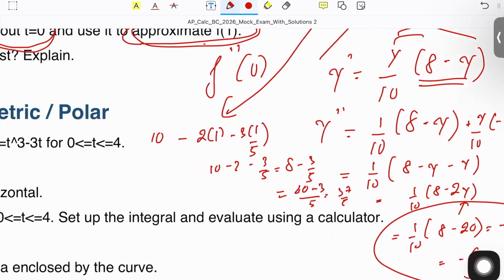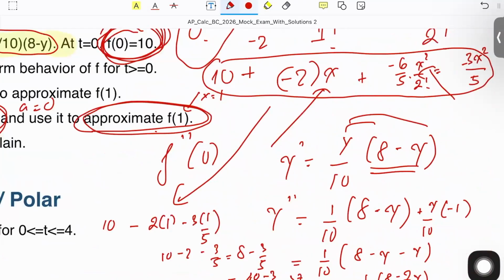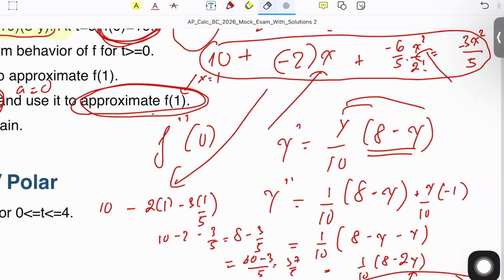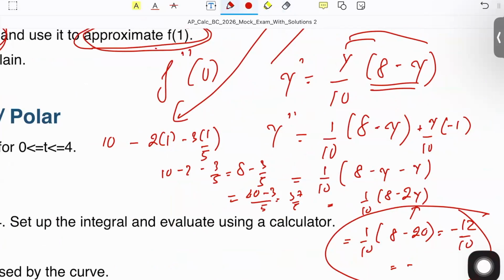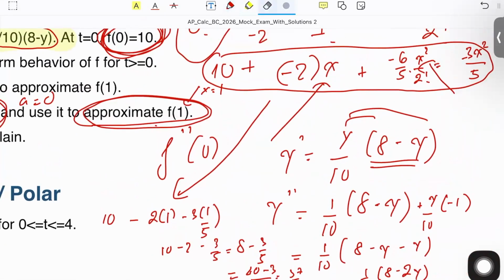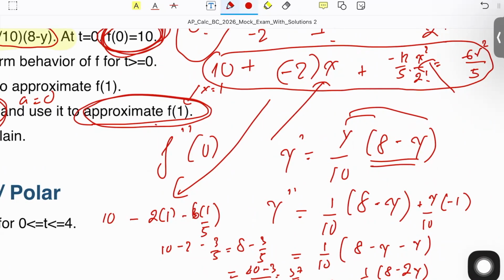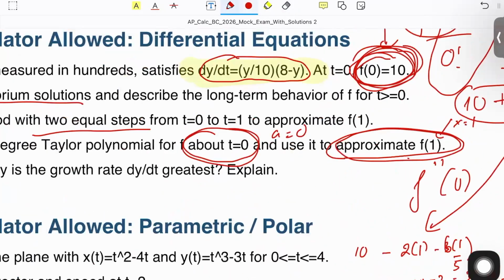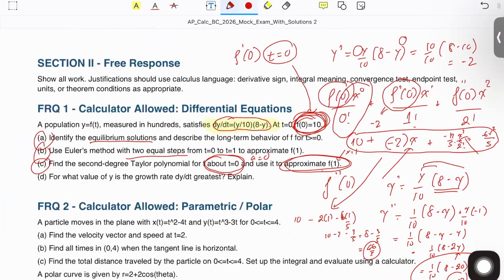Just some calculation here, maybe we went too fast. They say it should be negative 12 over 5, so this is going to be negative 12 over 5, then this one should be negative 6 over 5. You can check the calculation by yourself, okay? The concept is this 46 over 5, but I think that's the tricky part of the question.